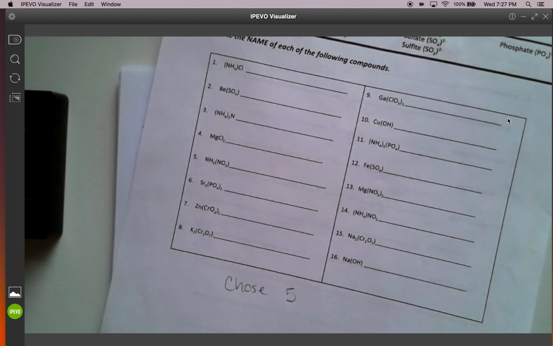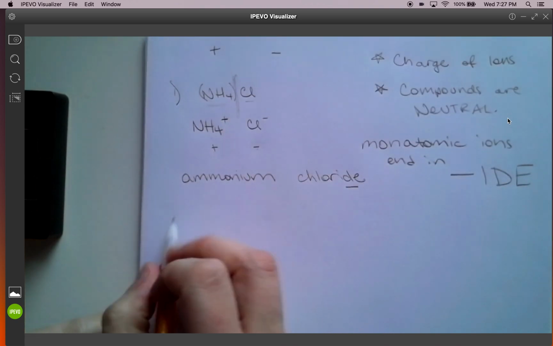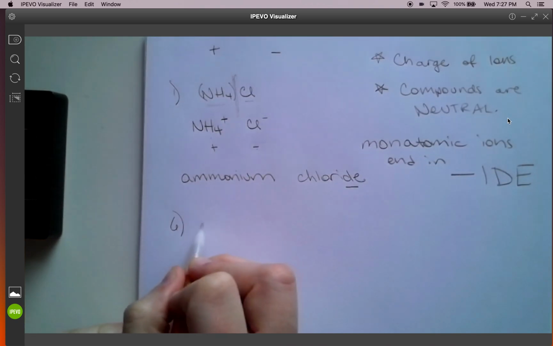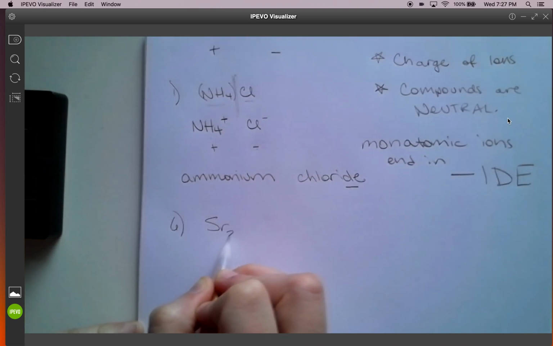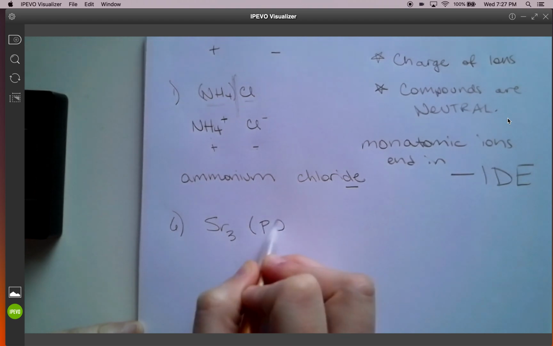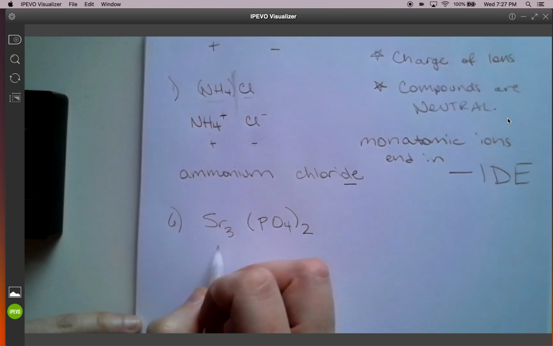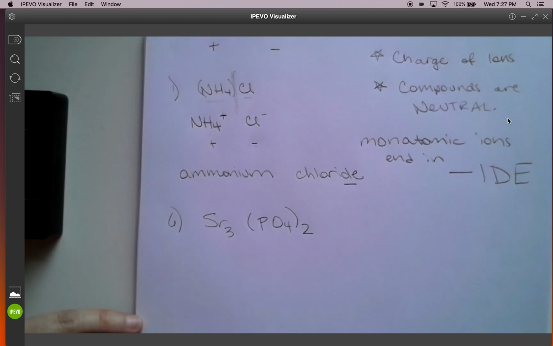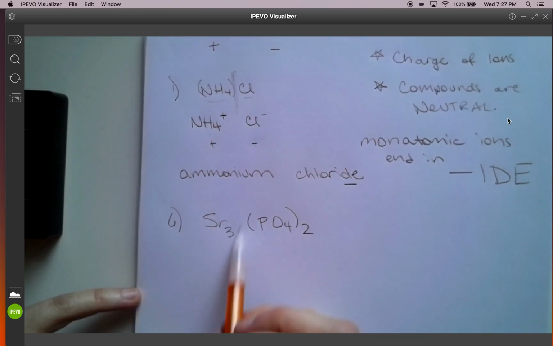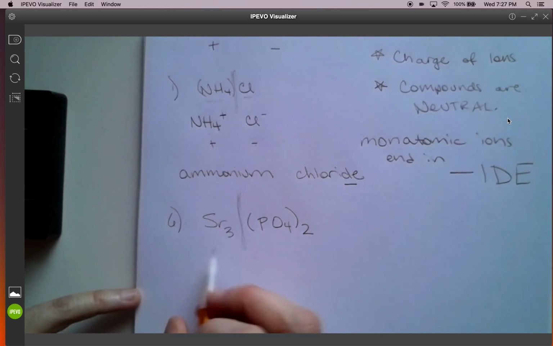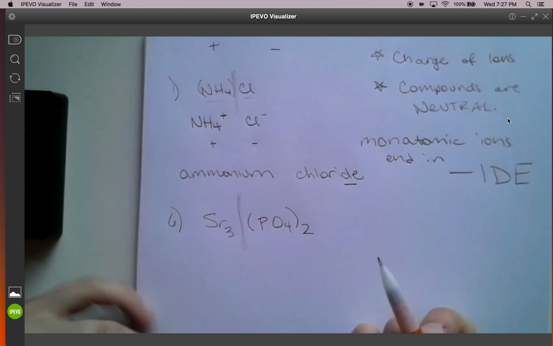Let's pull number 6, and then I'm going to break this into 2 recordings. So we're going to pull number 6 next, and 6 is gross. I chose this one because it looks weird. There's all these numbers in it and this Sr, like who is Sr anyways? Again, first step, break it into your polyatomic. We had a nice hint here.